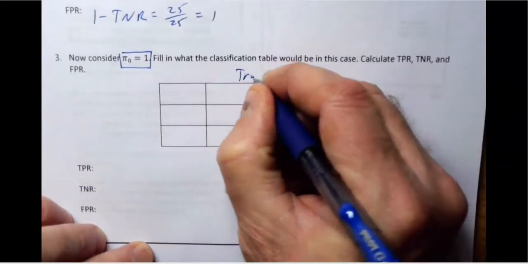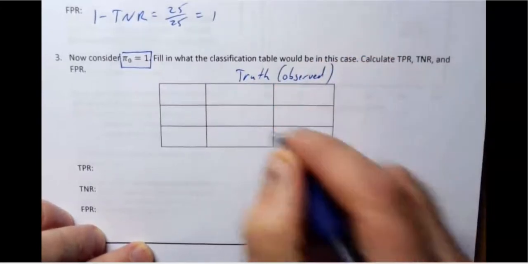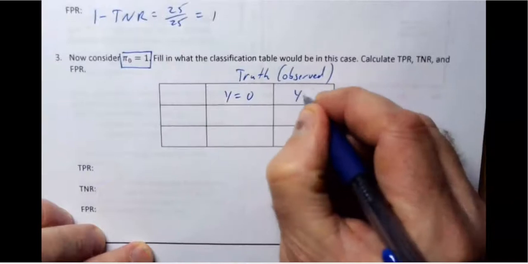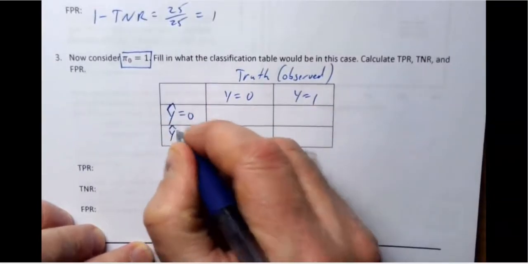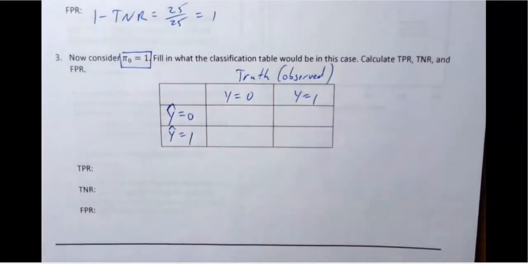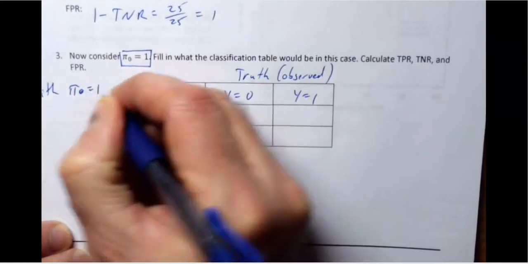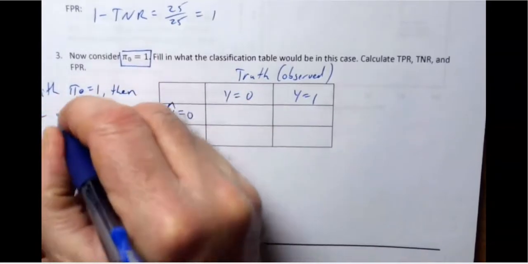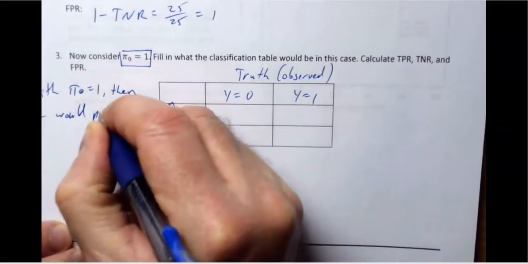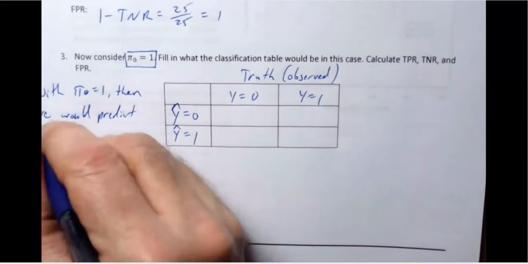Again, the truth or observed will be in our columns here, and the predicted values will be in the rows. If we use pi 0 equals 1, then we would predict that they all died.